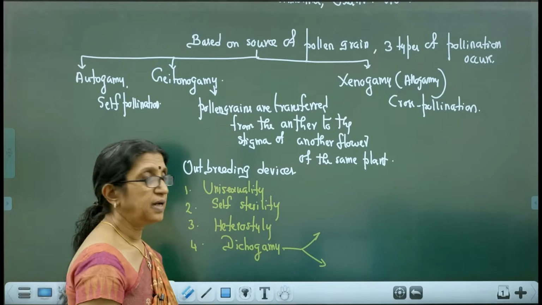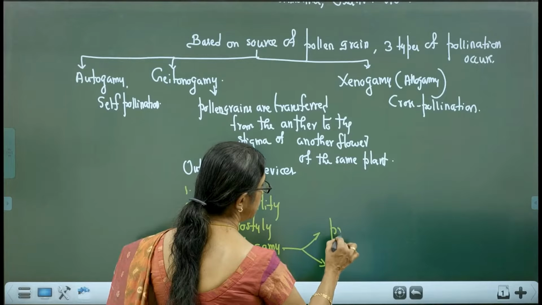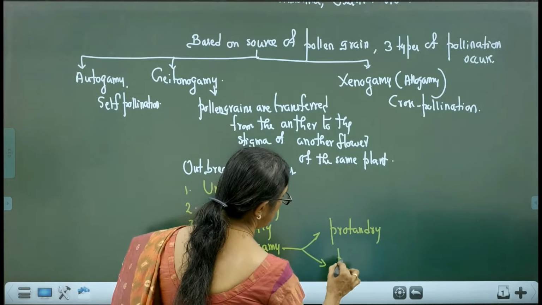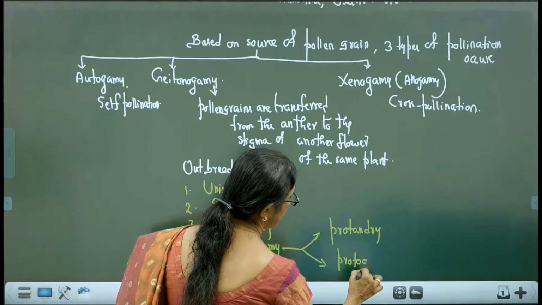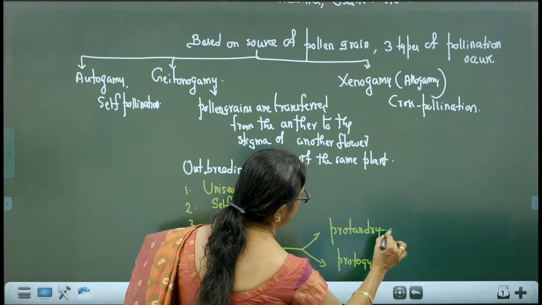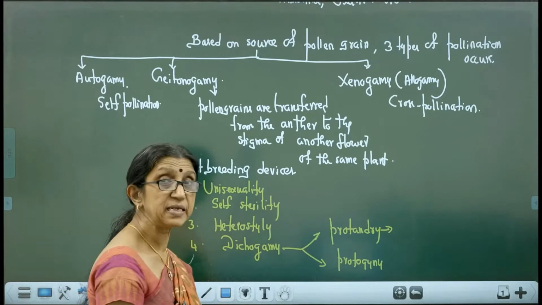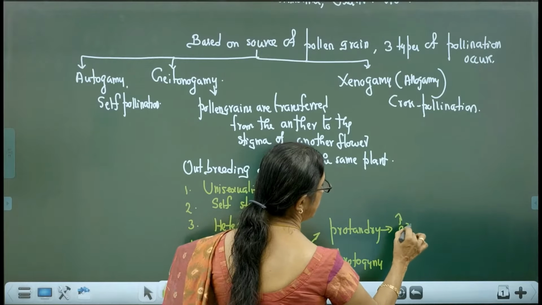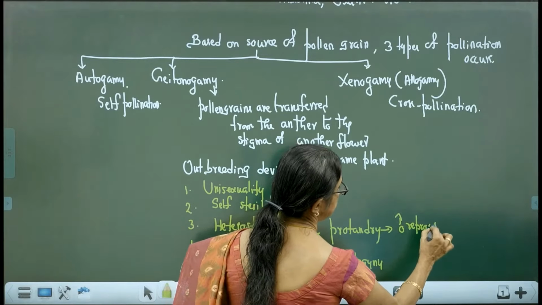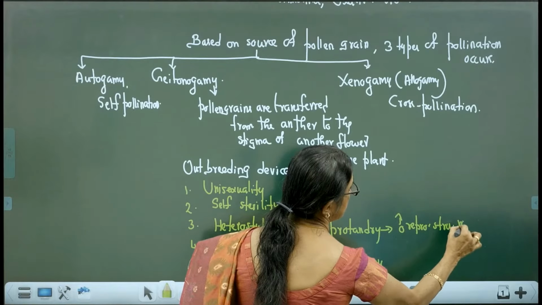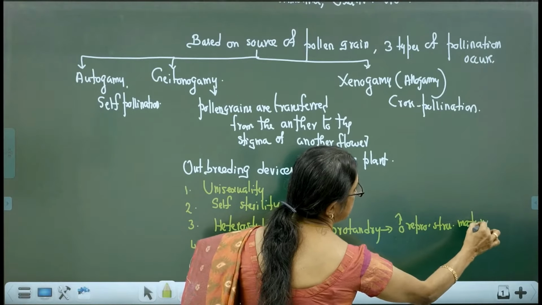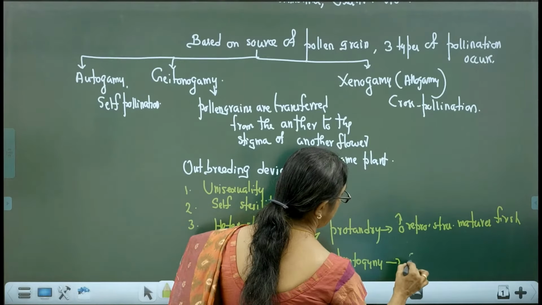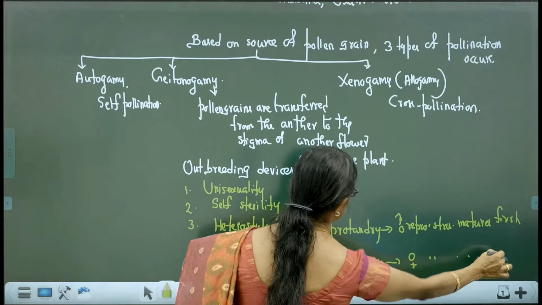It may be of protandry or protogyny. Protandry means the male reproductive structure matures first. For protogyny, the female reproductive structure matures first.